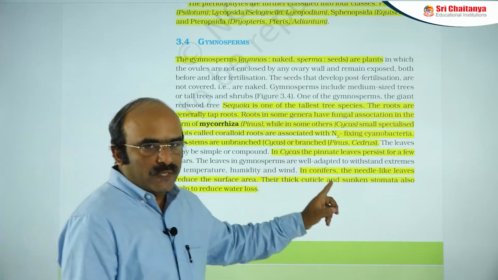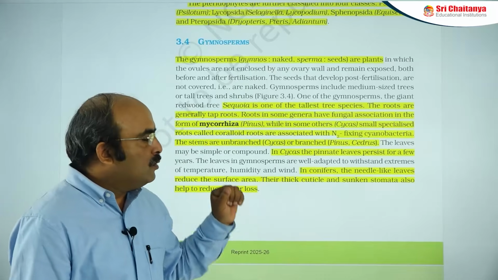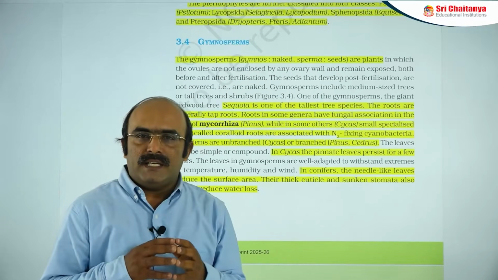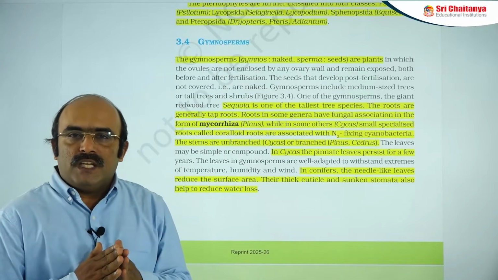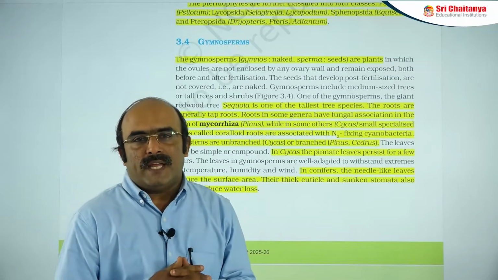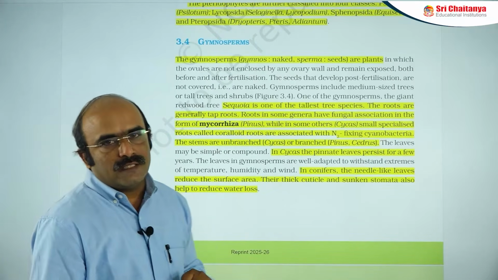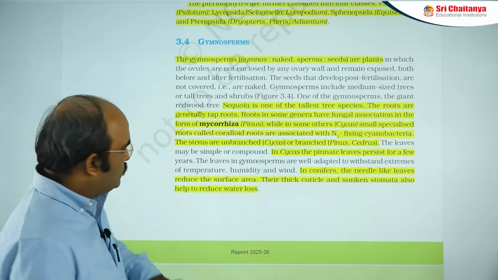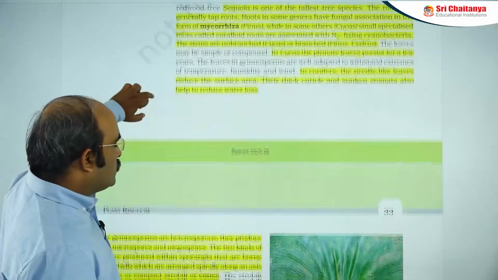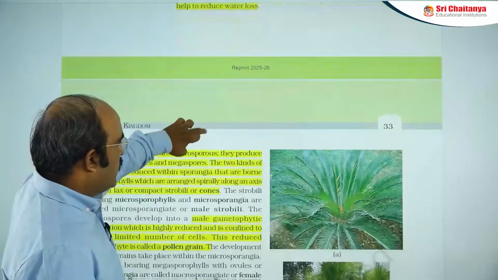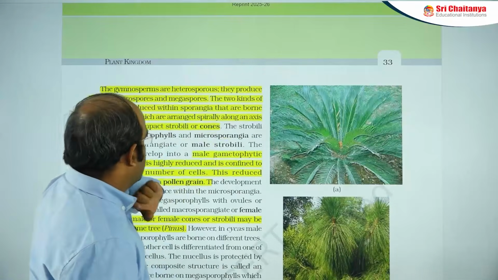And in conifers, which is another group, you could notice that the leaves are needle-like and they have thick cuticle and sunken stomata. These are adaptations to reduce water loss that occurs by transpiration. Now, the other points in the case of Gymnosperms are these.